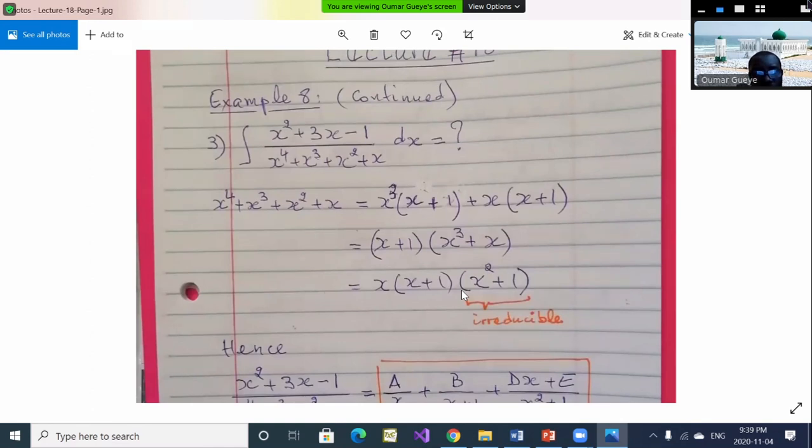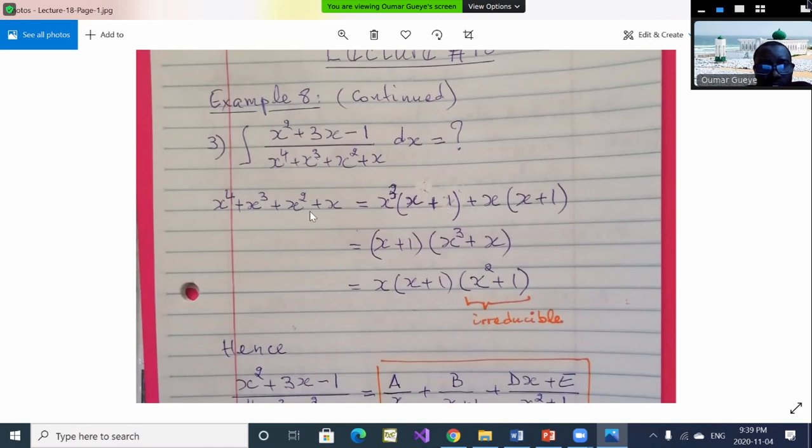When you use the partial fractions method, at the beginning, first step, you need to factorize the denominator. From these 2 terms, you can see x cubed is a common factor. When I factor out x cubed, I get x plus 1 here.